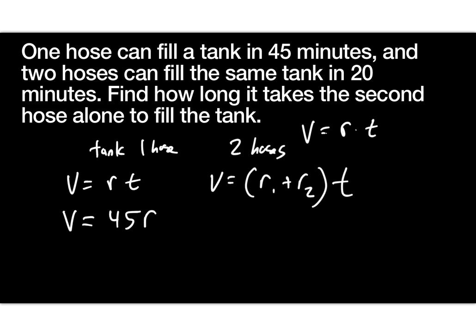And the rate is the rate that the first hose can operate. All right. The second time, it was the 2 hoses. And it took how long? 20 minutes. All right. And this R over here is technically my R1.